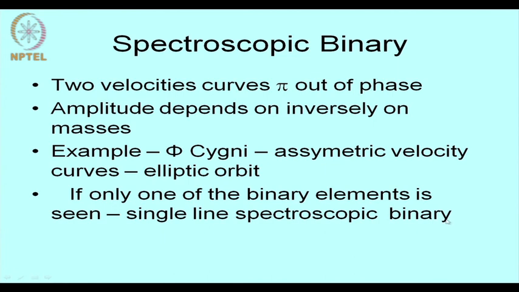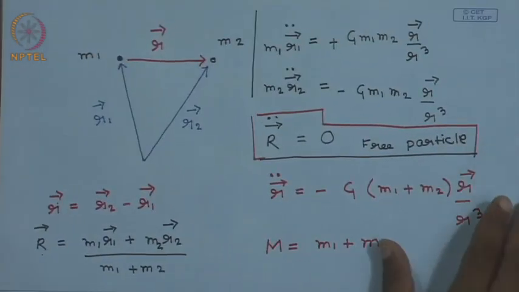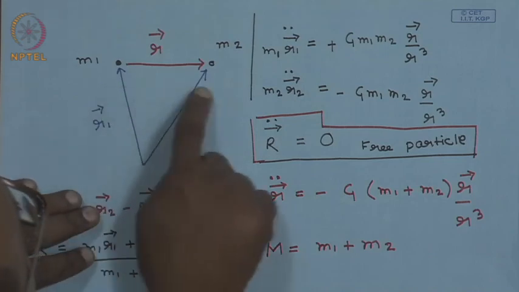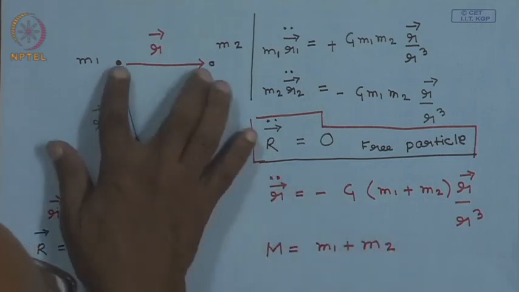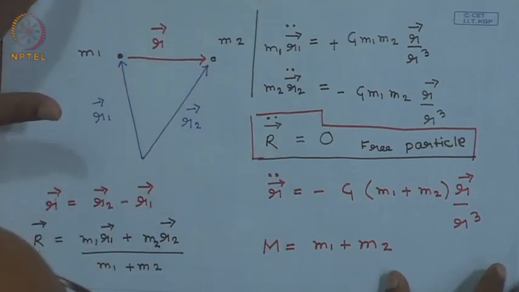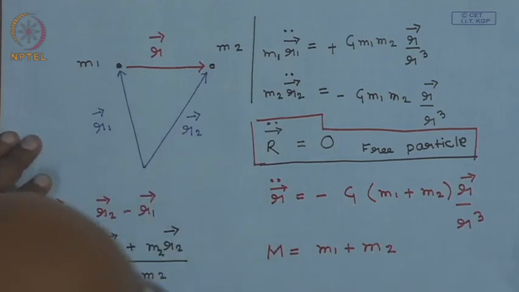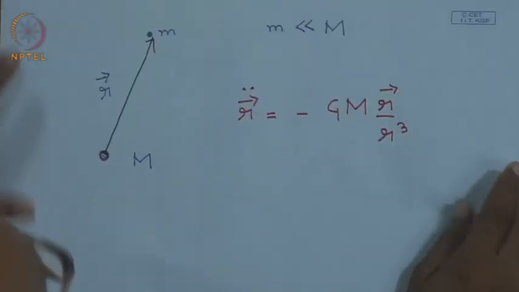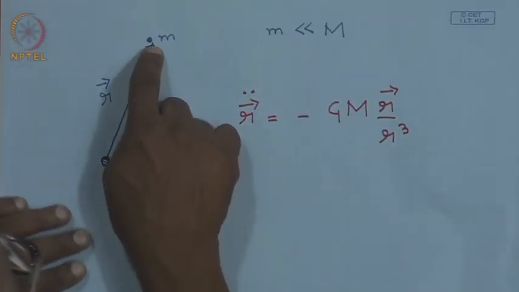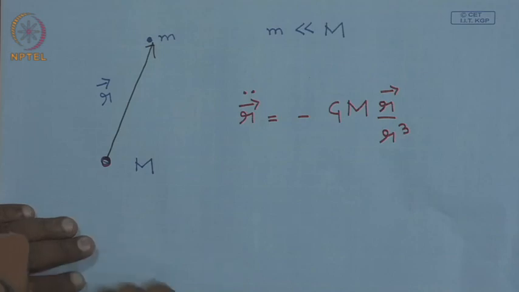So, let me now briefly recapitulate what we have learnt today. Today we have been discussing binary systems where you have two objects in an orbit in each other's gravitational field, and we saw that this can be reduced to exactly the problem that we had discussed earlier, where you have a test particle moving in the gravitational field of a much larger mass m.